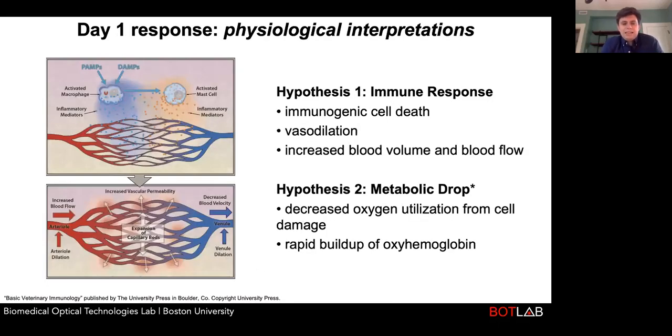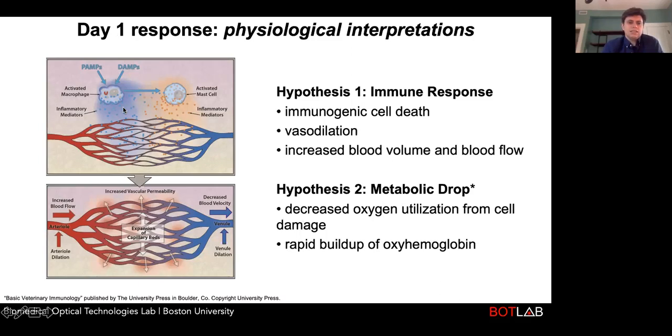So what's happening on that day one for the MTDs? Why do we see this oxyhemoglobin flare? Well, all we have is hypotheses at this point, because we don't have enough information to know definitively. One hypothesis we have is that this is an immune response, that once that tumor receives that bolus of chemotherapy, we're damaging the tumor cells.